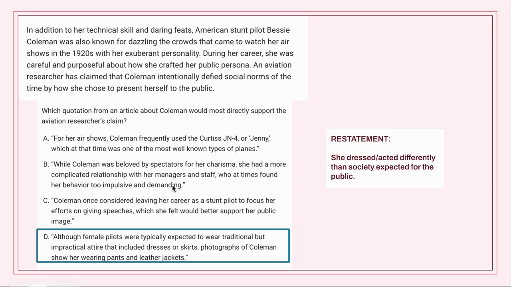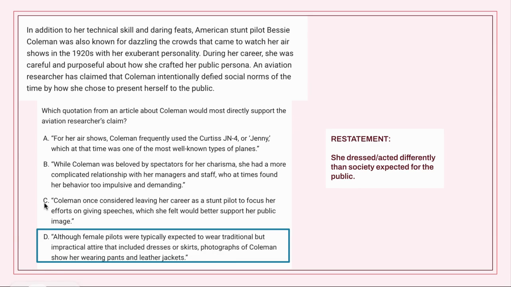And it's not emphasizing that she's defying social norms in her private life. It's just saying that she was a little irritating, a little annoying. So it's not talking about how she presented herself to the public. So even though it might seem like she's acting out of the social norms for a woman, that's bringing in outside information about what you know. It's not explicitly saying that she defies social norms like D is doing. It literally tells you the norm and then tells you how she defied it.